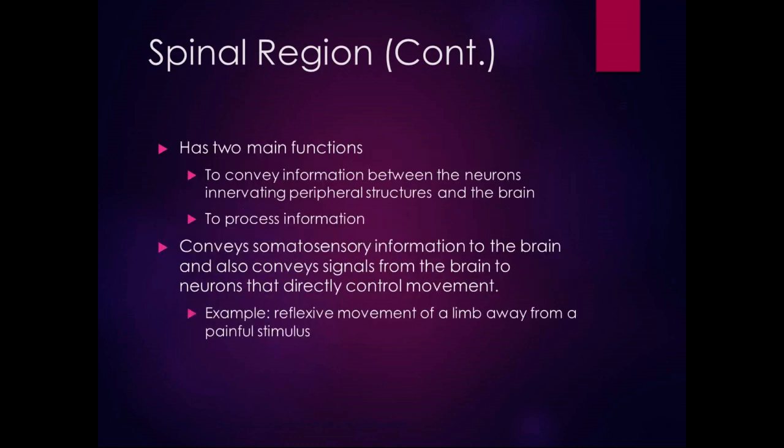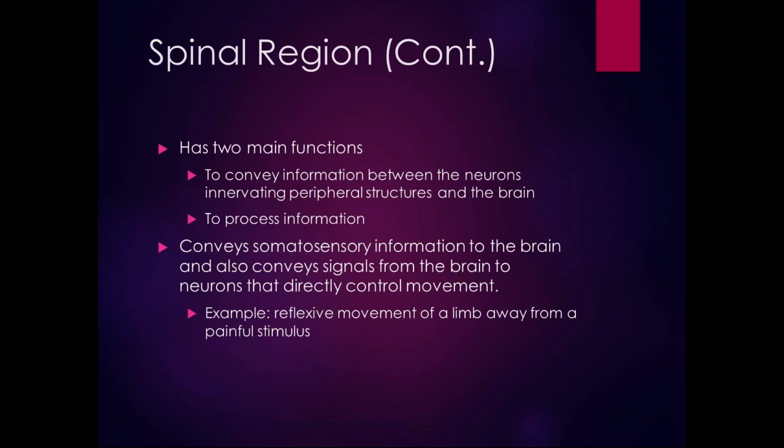So the spinal region itself has two main functions. Within the spinal cord, there are the necessary circuits to orchestrate movement. So the spinal region conveys information between the neurons innervating peripheral structures and the brain. And information is also processed in the spinal region. So I'm sure in anatomy and physiology you talked about reflex arcs, those reflexive movements of a limb away from a painful stimulus.